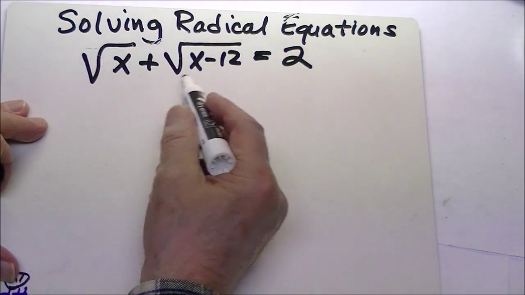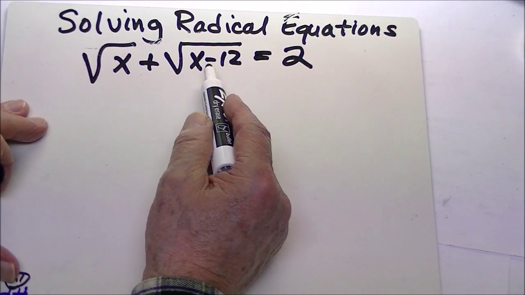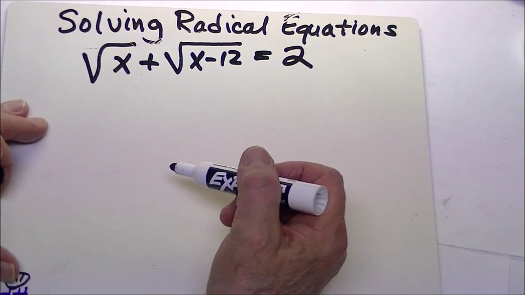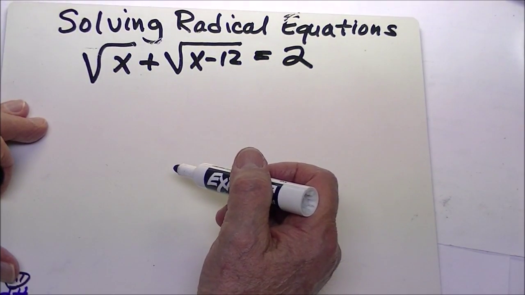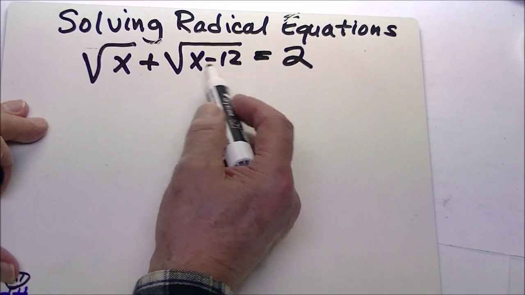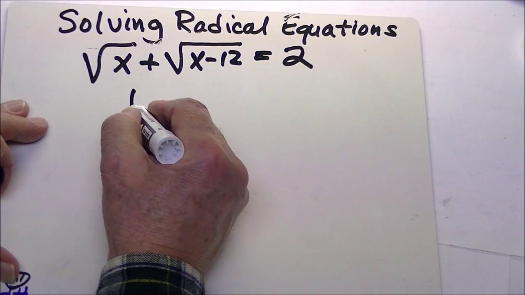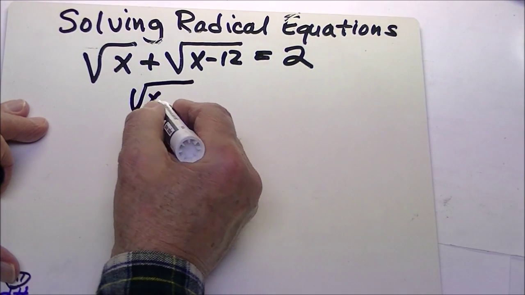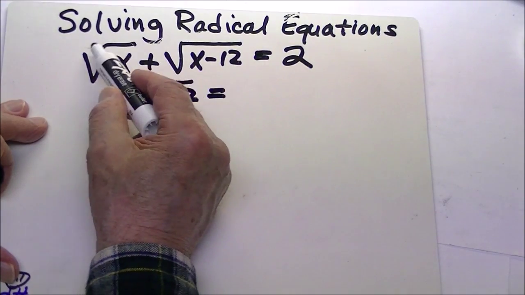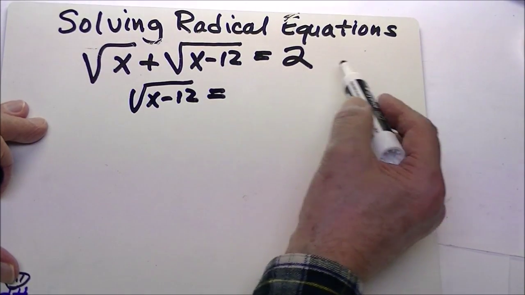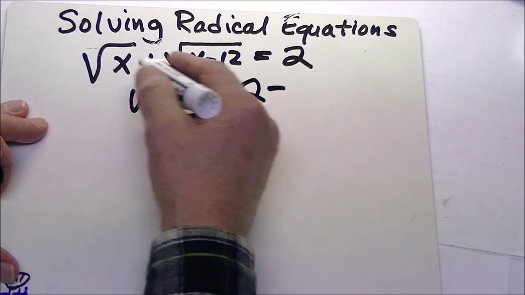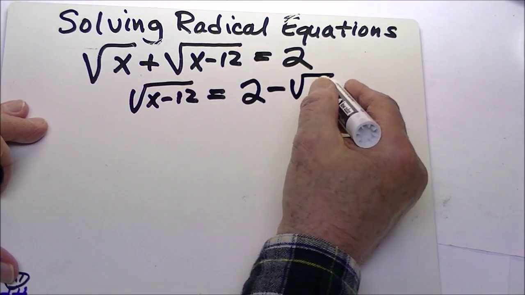Well, it is to isolate one radical and then do the steps to eliminate that radical. So what I'm going to choose is to keep this one on this side, so I get the square root of x minus 12. Now I'm going to take this radical and move it to the other side. So on the other side, by transposition, it just changes its sign.